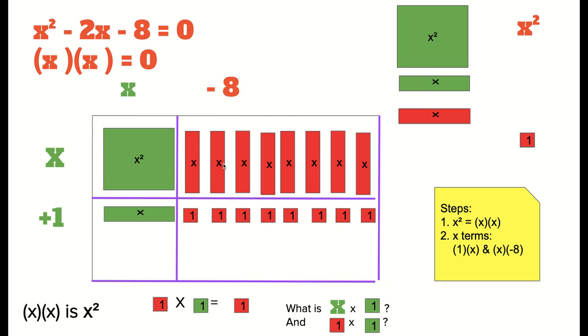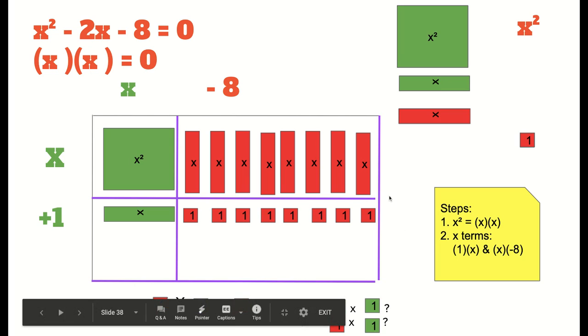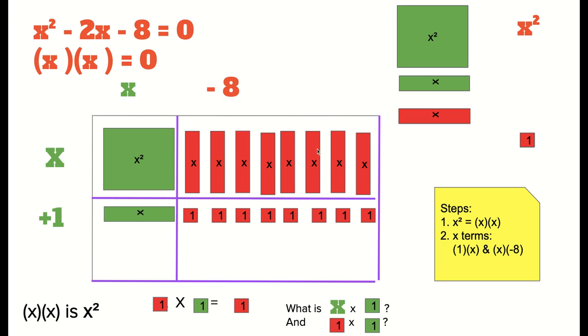Okay. So again, x times x is x squared. X times negative 8 is negative 8x. 1 times x gives us positive x, and 1 times negative 8 will give us negative 8. So first step, we did the x squared terms. Second step, we're going to just do the x terms. We did the negative 8x here, and positive 1x here.